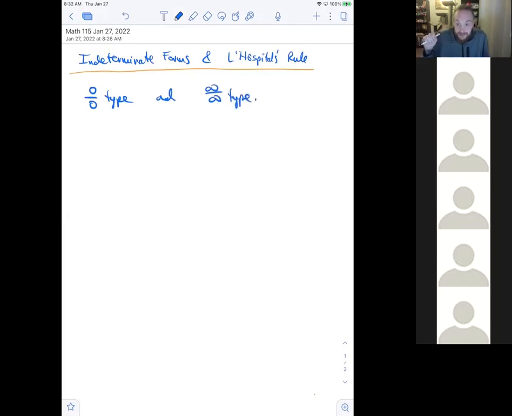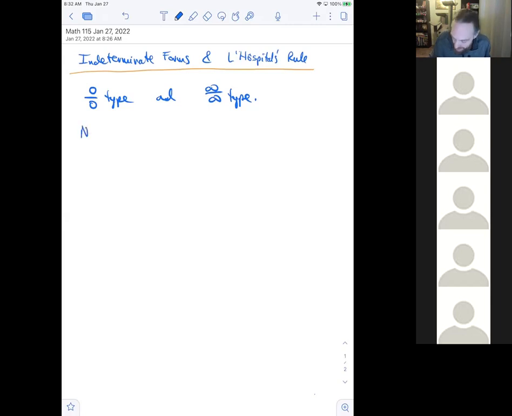What this is doing is we have a struggle between functions. One of the good things to notice is if you have a function which goes to 0 as you approach a, then 1 over the function goes to infinity and vice versa.